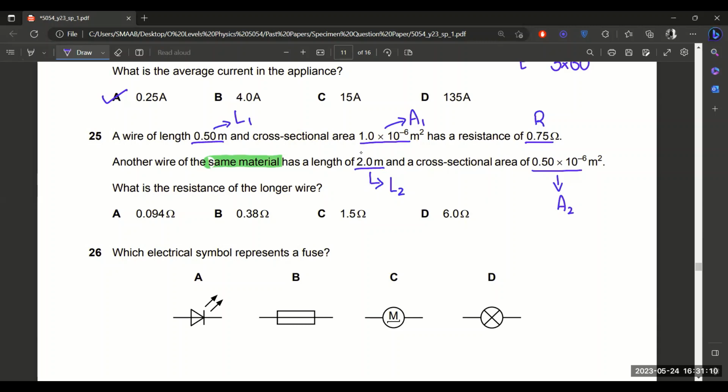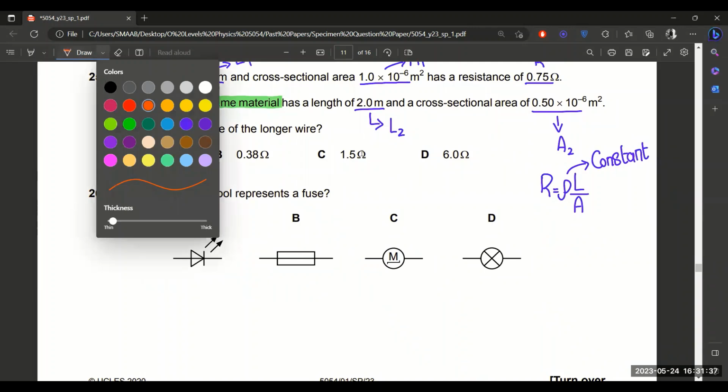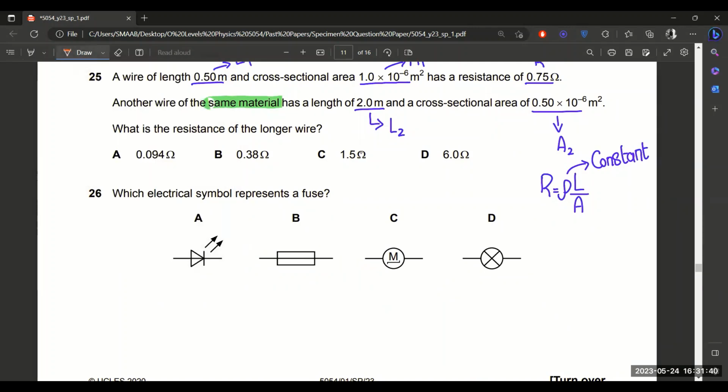So we know the concept that R is equal to rho L upon A. That is the formula to calculate the resistance according to the length and area. The resistivity remains constant for both wires because we are using the same material. So we can easily calculate by comparing these equations. If we shift the values, A will be multiplied over here and L will be divided, so RA over L will be equal to the resistivity.